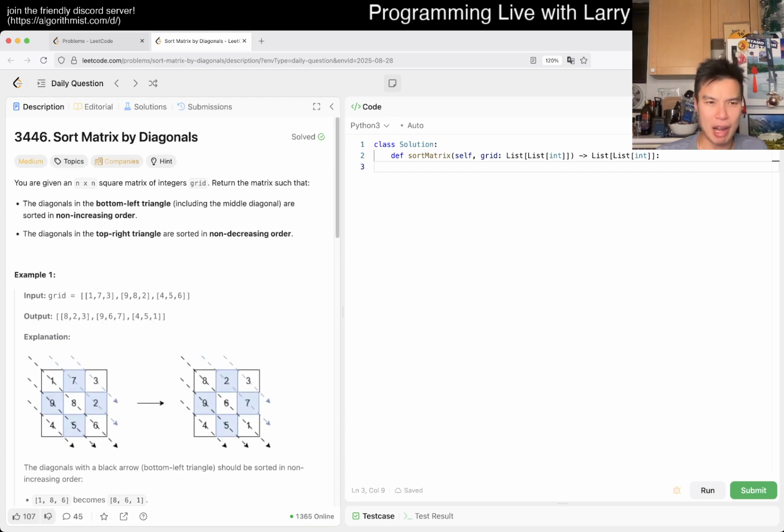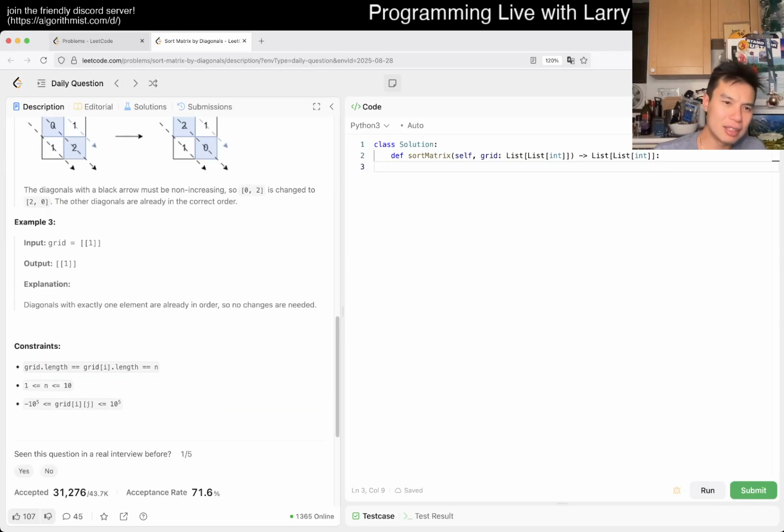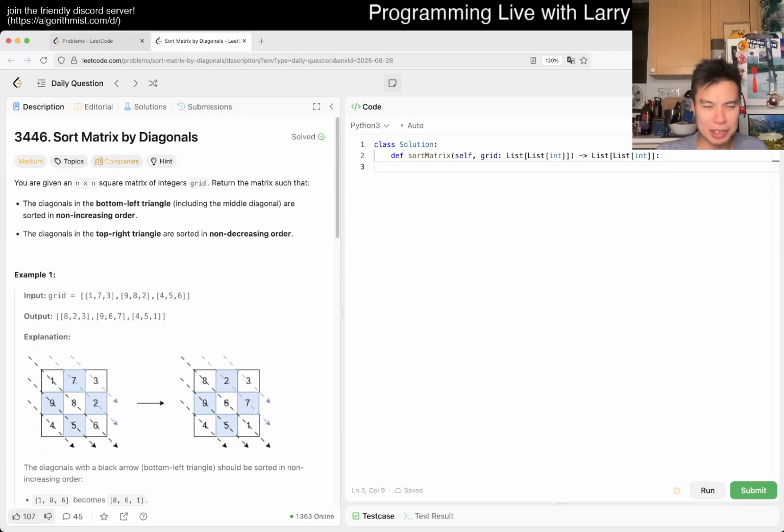I think this one is pretty straightforward, right? It's just about implementation, and you just have to be careful.